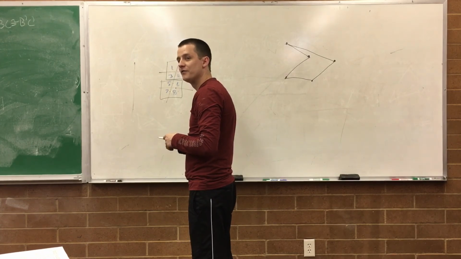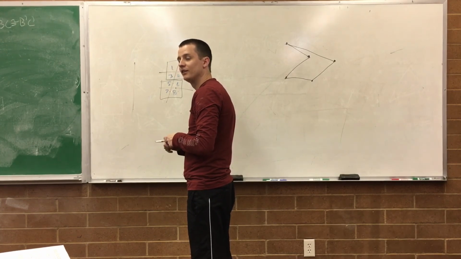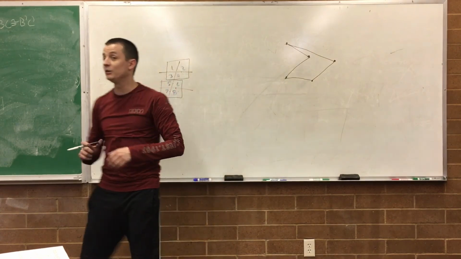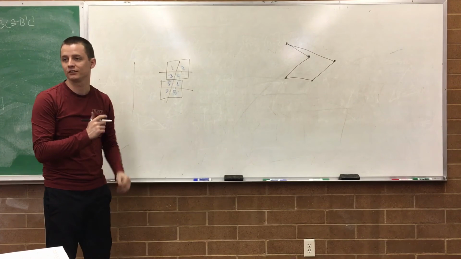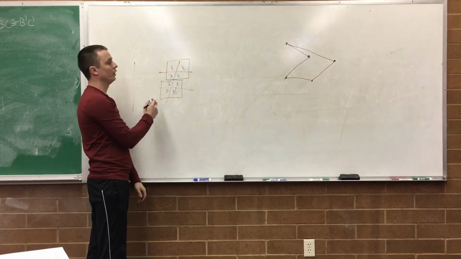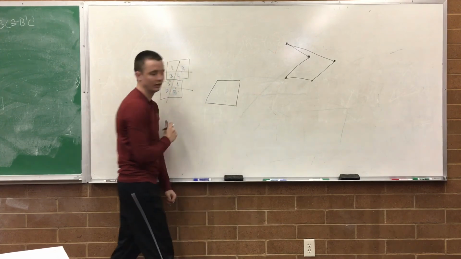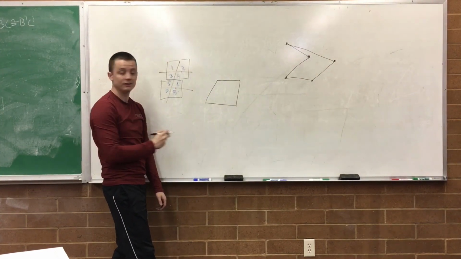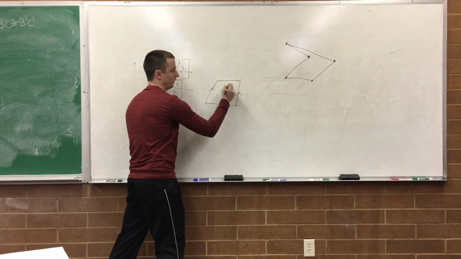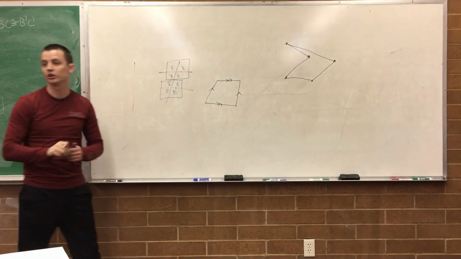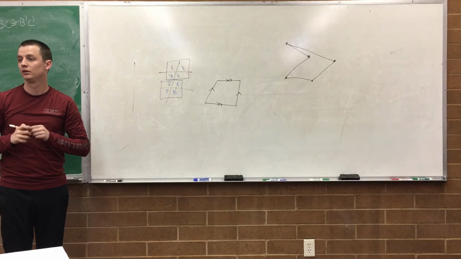It's a polygon with 4 vertices. Almost. It's a simple polygon with 4 vertices. They can't intersect. So if we have a simple polygon with 4 vertices, simple meaning they don't intersect, then if its opposite sides are parallel, then it's called a parallelogram. Wait, you can't have a non-simple quadrilateral.